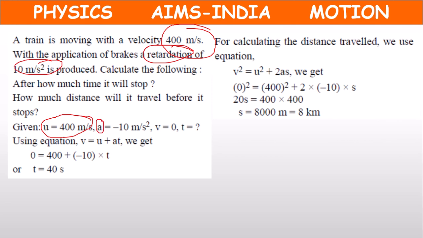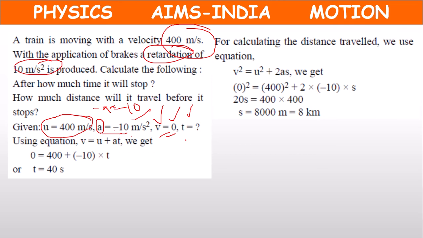Retardation means minus A. If minus A we keep, we can take 10, or if A we keep, we can take minus 10. Let's take A equal to minus 10. Finally it has stopped, so final velocity is 0.